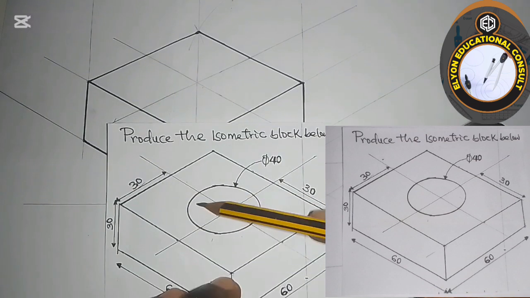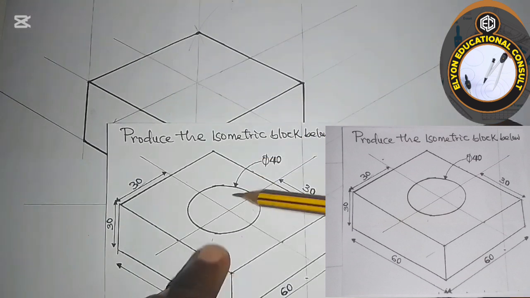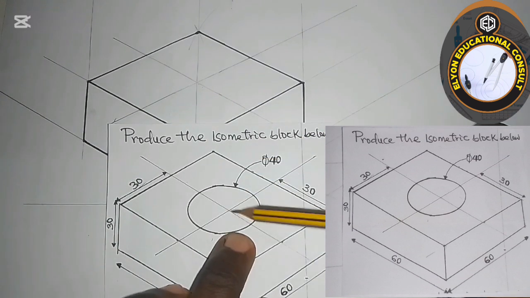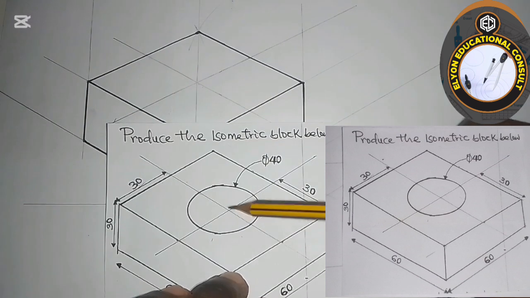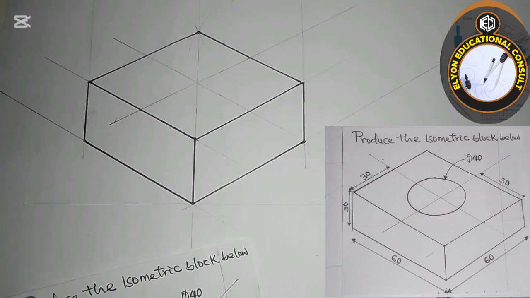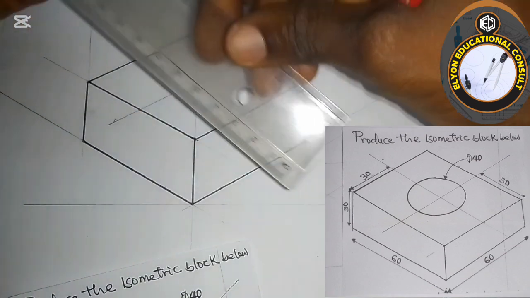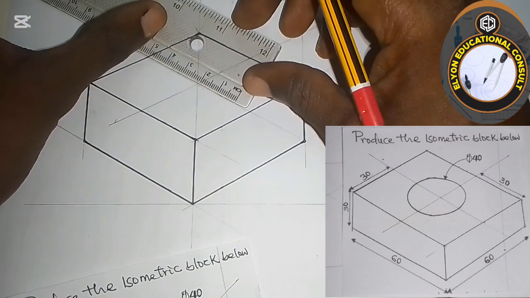So I'm going to be drawing an isometric square from this. If this is 40, I will take 20 here, 20 here. I hope you are getting it, 20 here, 20 here, to get my isometric block, I mean isometric square. So I can take 20 here this way.